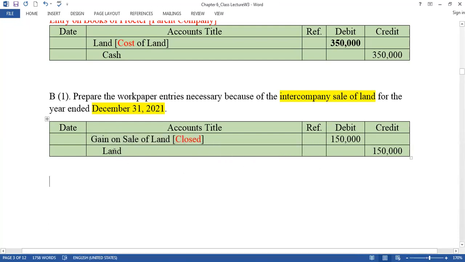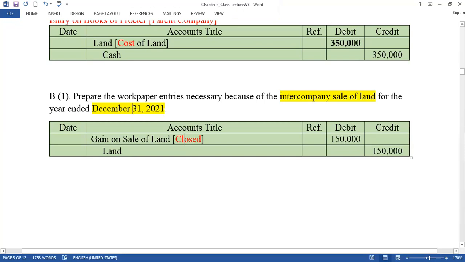Try to understand, this is not inventory, this is a plant asset, a fixed asset, and we have a different treatment. Although we close our gain, this gain has already been transferred to the retained earnings account. You know that net profit or net loss, gain or loss, we transfer where?